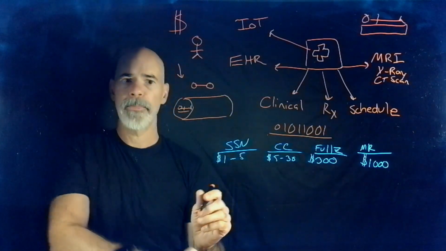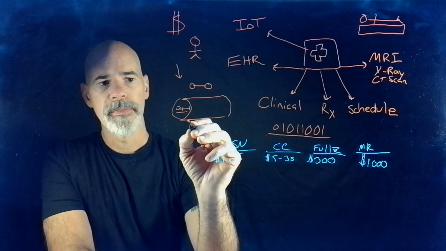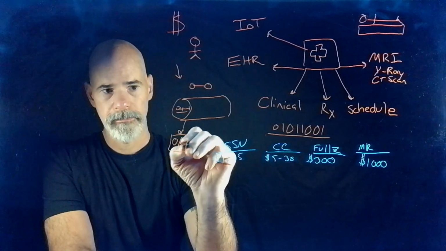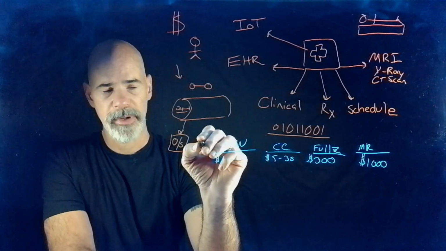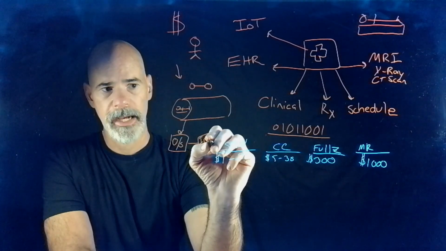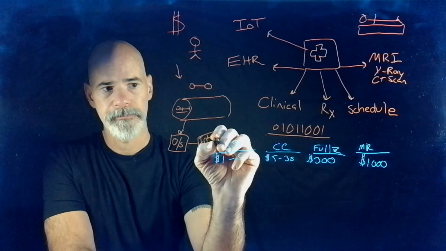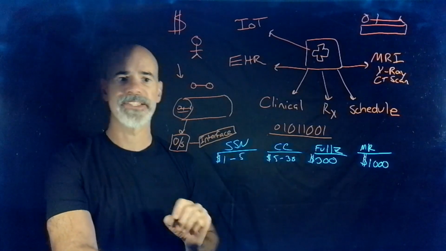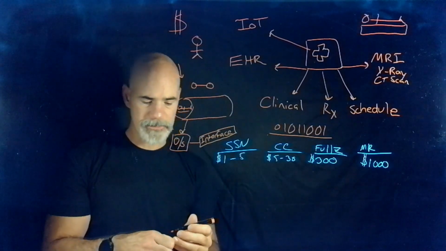If you think of an MRI machine, there's most likely an operating system and some type of interface to that operating system. The interface could be another application.